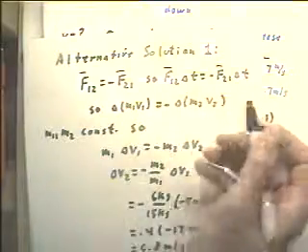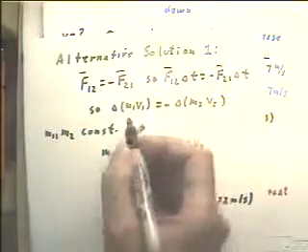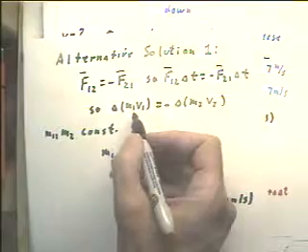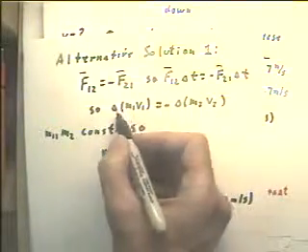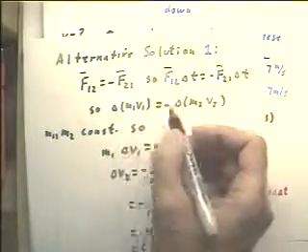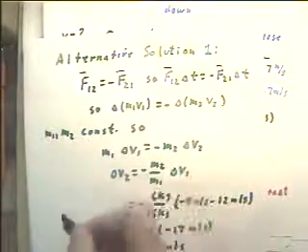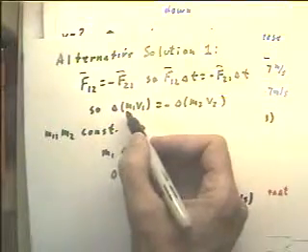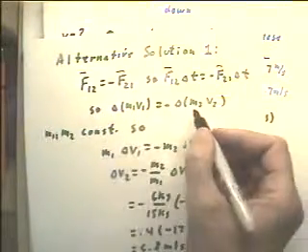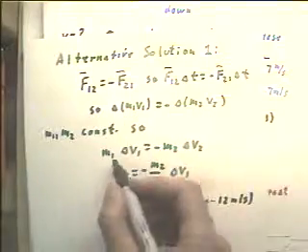The equal and opposite forces acting for the same time interval give us equal and opposite impulses, so equal and opposite changes in momentum. Now, we then conclude that delta m1v1 is the negative of delta m2v2. Since m1 and m2 are constant, the change in m1v1 is just m1 times the change in v1. Similarly, over here we get m2 times the change in v2.